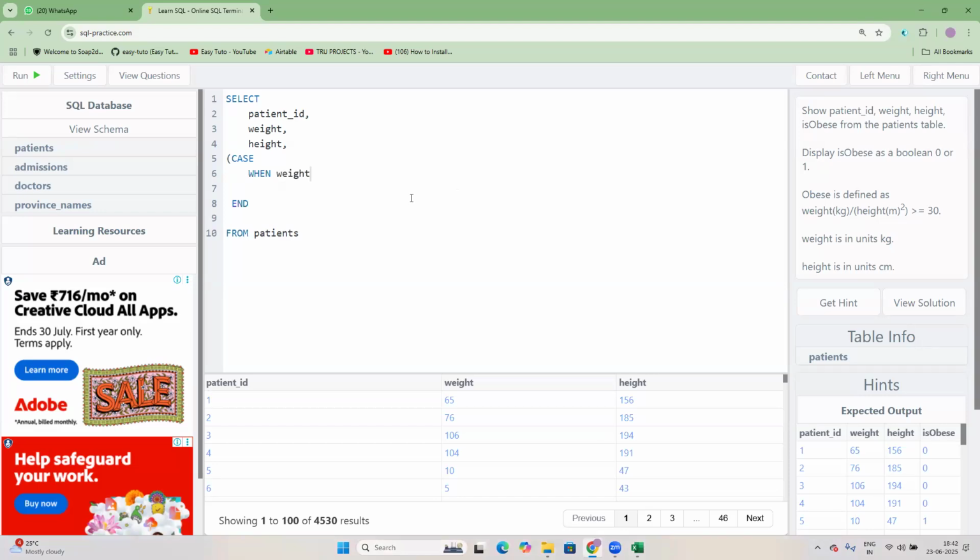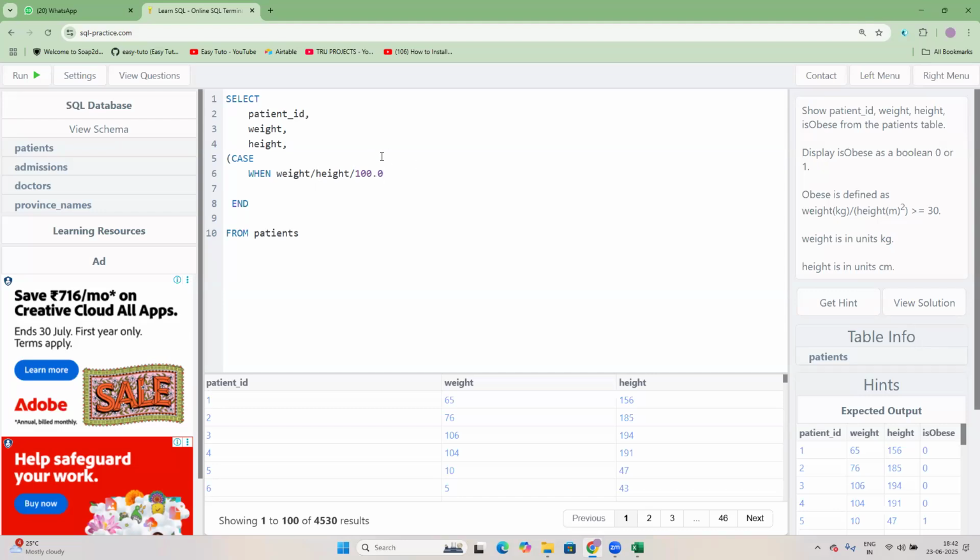Weight divided by, okay. Task number one, we have to convert the height into meters. So what I'll do is height divided by 100. Now there's a catch: 100.0, not 100.